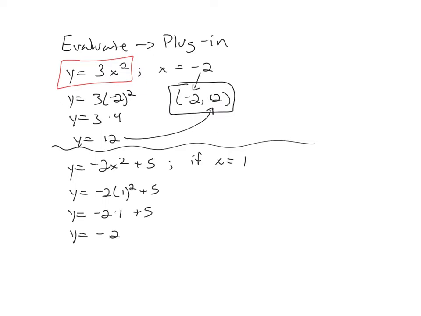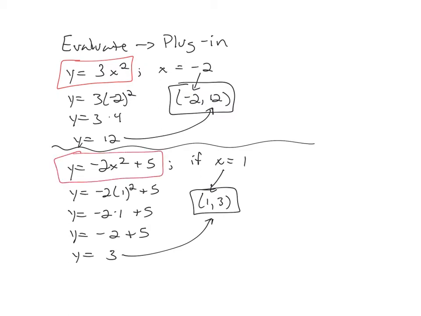Then multiply, -2 plus 5 is 3. Again, what did I plug in? What did I get after? You'll have some that will have something x squared and then plus a number or minus a number.